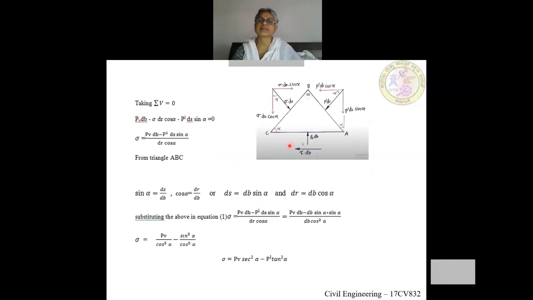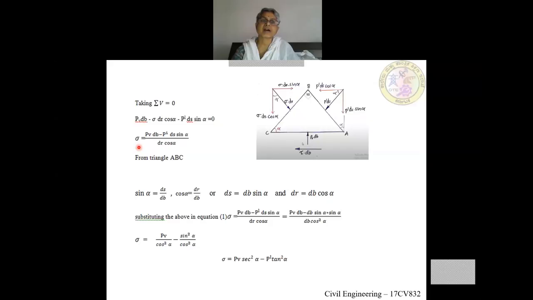The same diagram I have taken here. So sum of all the vertical forces. So this is PV into dB, which is acting vertically upward. So I have taken positive, minus of sigma dr cos alpha, which is negative because it is acting downwards, and another vertical force is P dash ds sine alpha, which is acting vertically downwards.